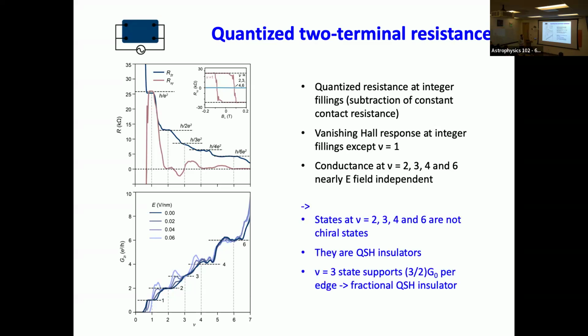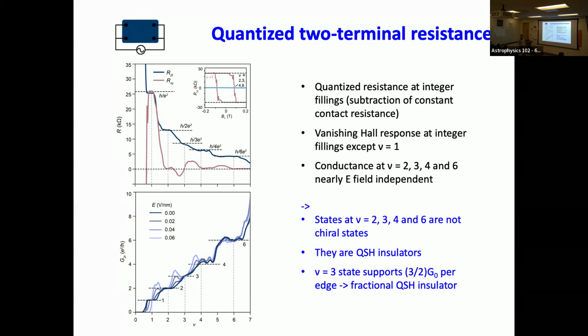All right, so what do these data mean? First, nu equal to 1 is a Chern insulator, so you get a two-terminal conductance of e squared over h. The states at 2, 3, 4, 6 cannot be chiral states because you have vanishing Hall response.